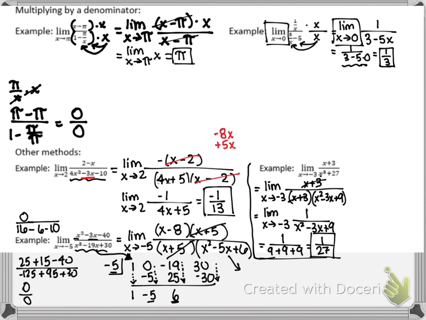This leads to negative 5 minus 8 in the numerator, and 25 plus 5, 25 plus 6 in the denominator, since I'm plugging in negative 5. So it leaves me with negative 13 over 56. That's how we can use synthetic division to factor that denominator and simplify our expression.